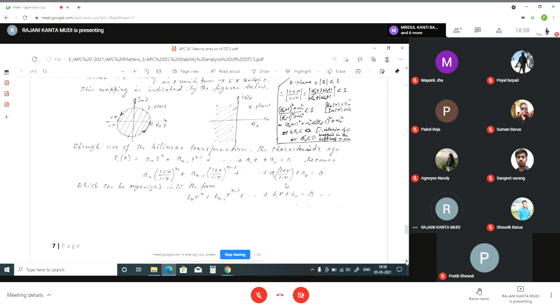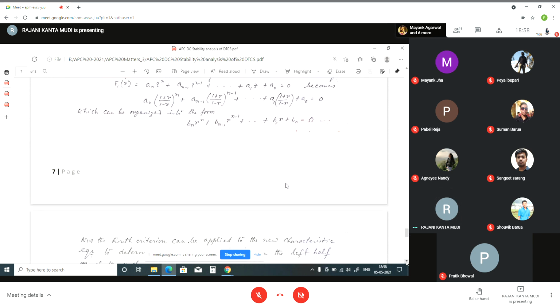The Routh-Hurwitz criteria cannot be directly applied in z. If we want to apply it, the stability boundary corresponding to the unit circle should be mapped to a suitable new complex plane, r, representing its left half plane.